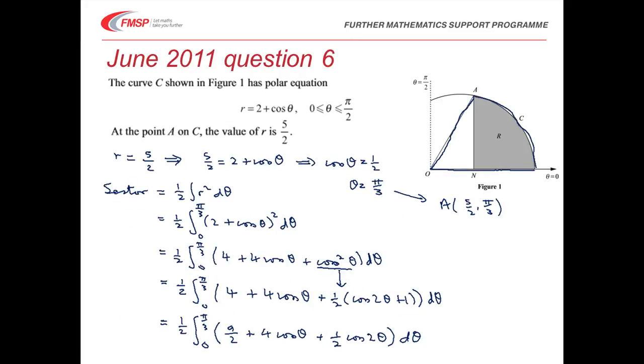The mark scheme for this 9-mark question allows a B1 mark for seeing that theta has been found as being pi by 3. There is a method mark for correctly using the area of a sector as a half r squared d theta.